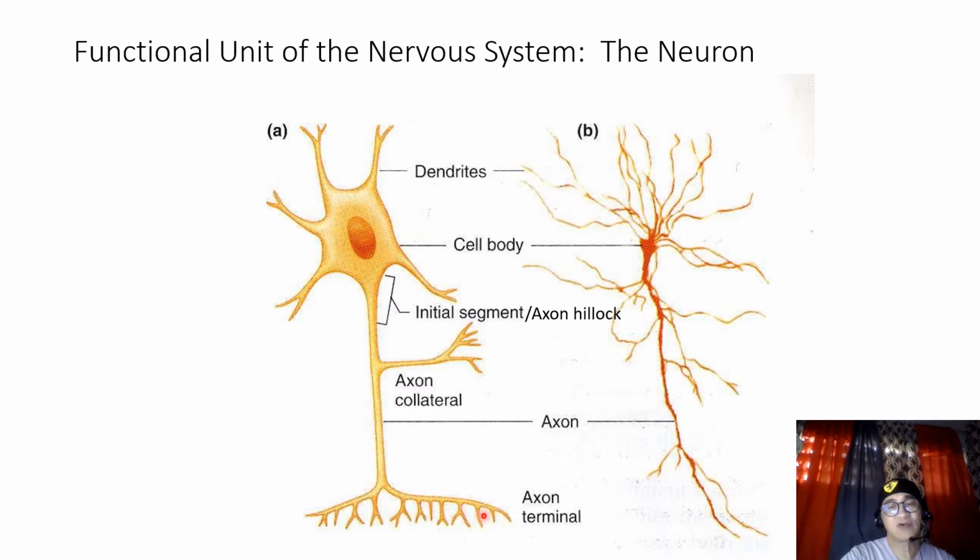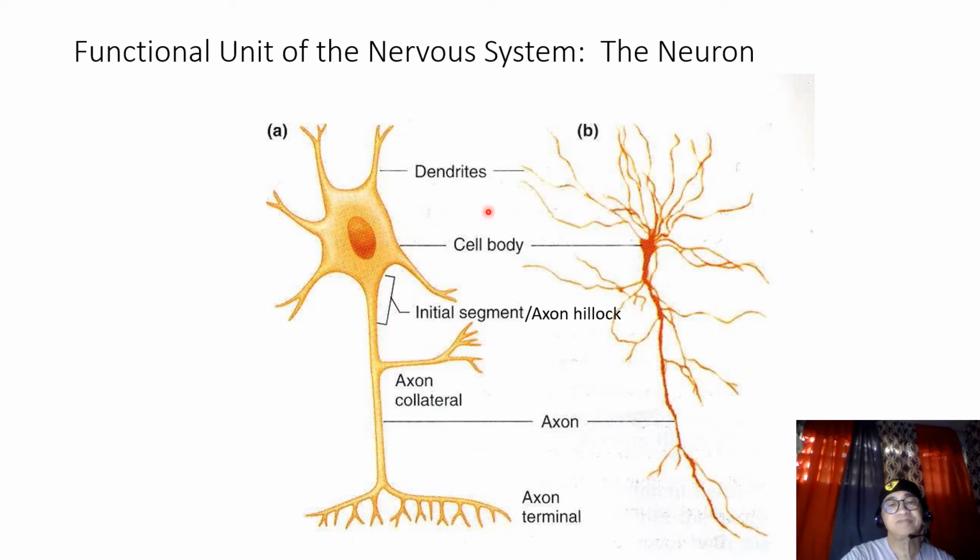When these arborizations near the next cell or neuron, these axon terminals form bulbous structures, which we call as terminal knob. This is a specialized region that makes contact with other neurons or other cells where they transmit their signals in a very specialized mechanism.